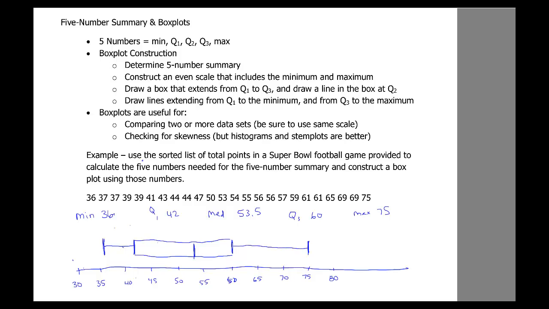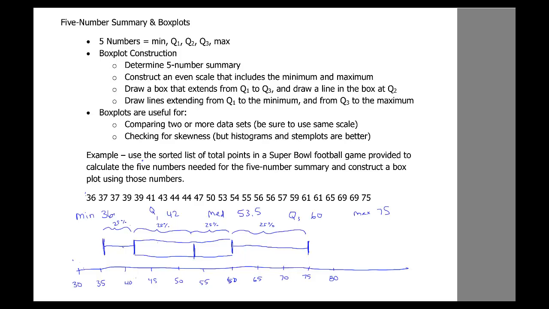So we can say from a box plot that the lowest 25% of the data is in this area right here. The next 25% of your list of data is in that section. Then we have another 25% of the data here, and the highest 25% of the data is there. So that's what a box plot looks like.